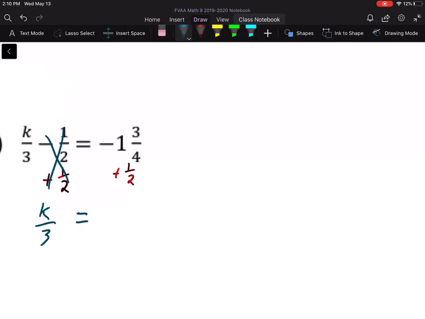On the right-hand side, I'm going to do some side work. Here, first thing I want to do is change my mixed fraction into an improper fraction. So negative 1 times 4 is negative 4, minus 3 is negative 7 over 4. Okay, so that's what my mixed fraction is.